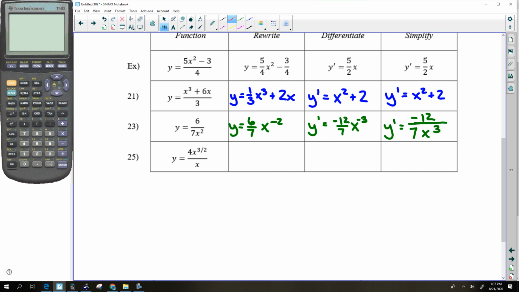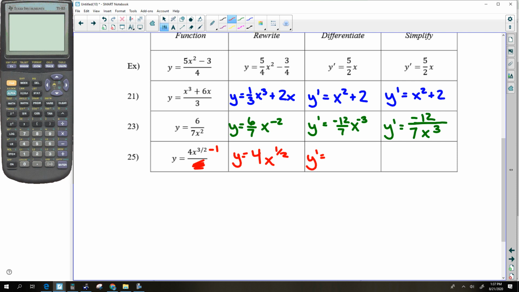So this is the x's. So we have 4. You all know that, 4. And then this is top minus the bottom. So this is like a -1 on the x's. So top minus the bottom, 3/2 minus 1 is going to be 1/2. So the derivative is it multiplies down.